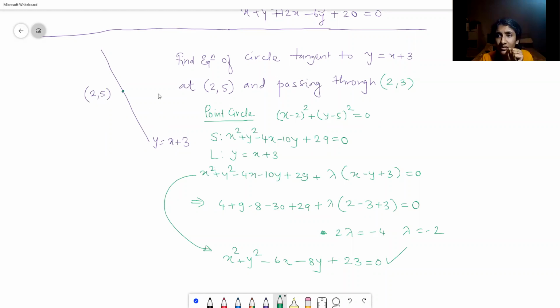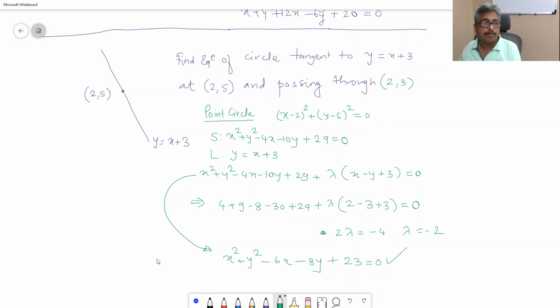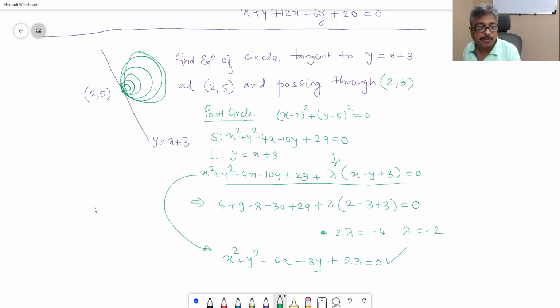Okay? So, you understood this problem? You are getting a family of circles. For different values of lambda, you will keep getting different circles like this. Every circle will be tangent at this point, because it is S plus lambda L is equal to 0.